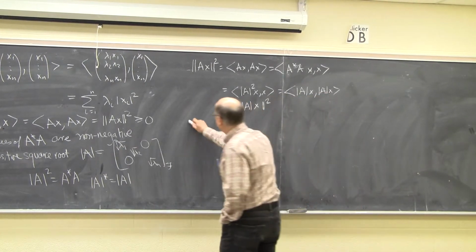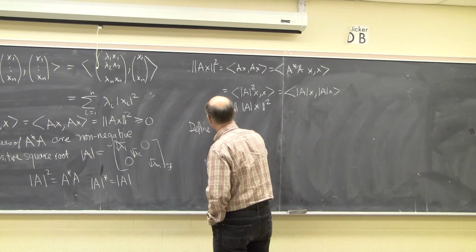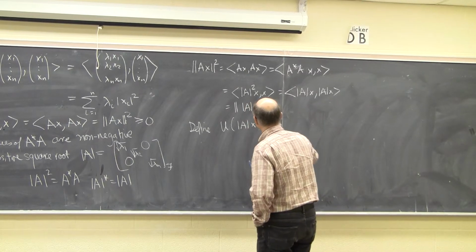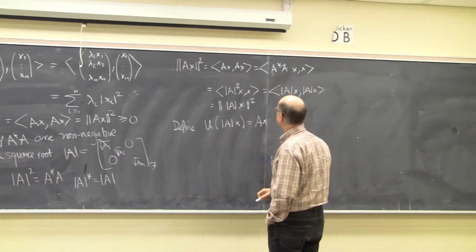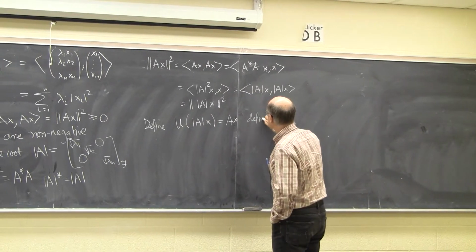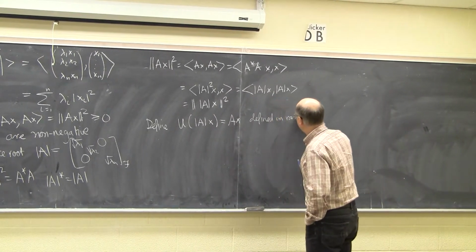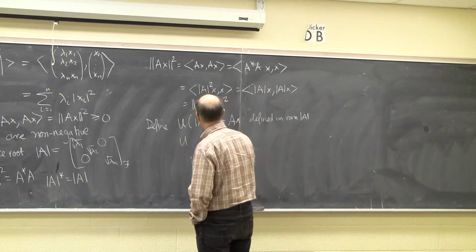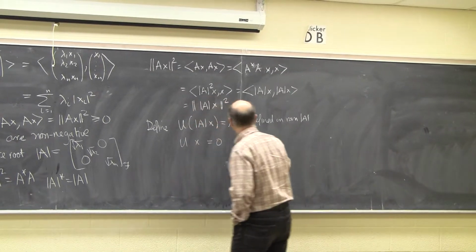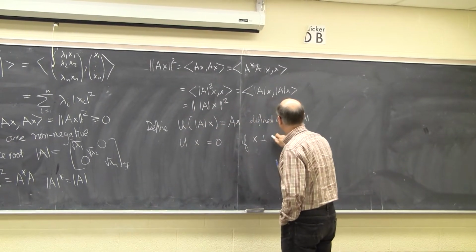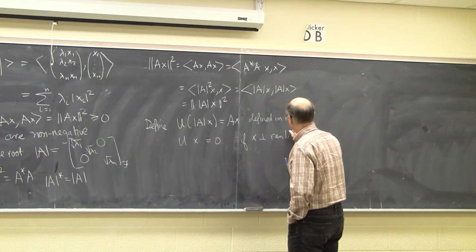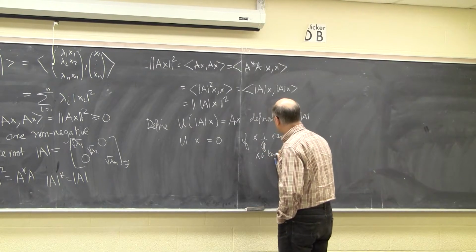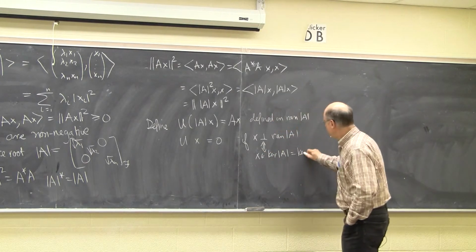So I can define another linear transformation U, so that U of absolute A x is equal to Ax. This is defined on the range of absolute A. And we can define Ux equal to 0 if x is perpendicular to the range of absolute A, and this is the same as saying if x is in the kernel of absolute A, which is the kernel of A. Right?